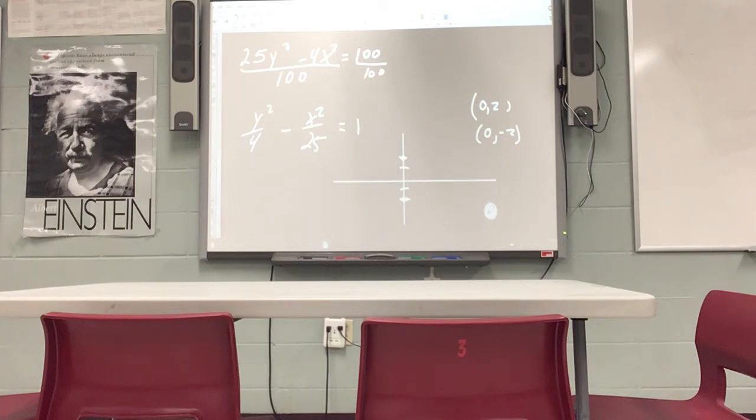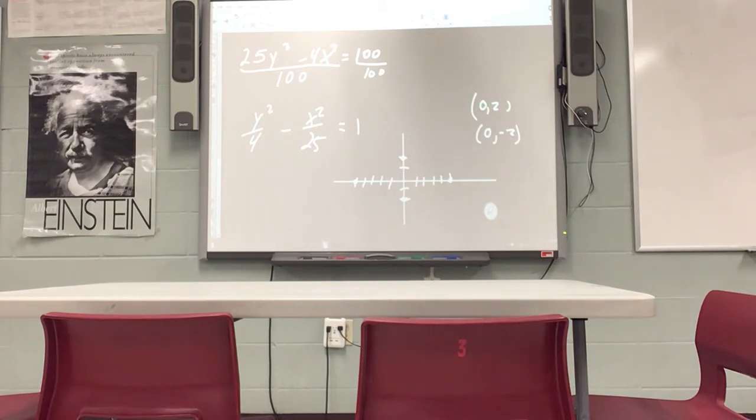So I could go right 5. This is not actually part of my hyperbola, this is just helping me draw it.